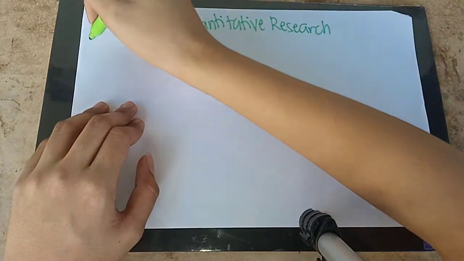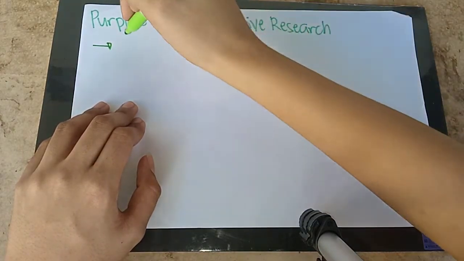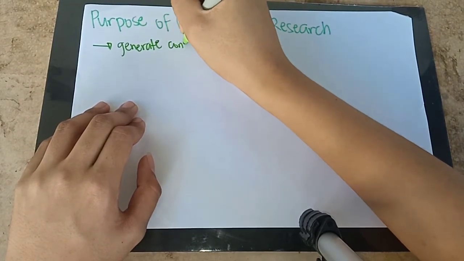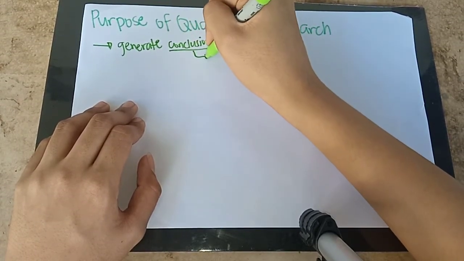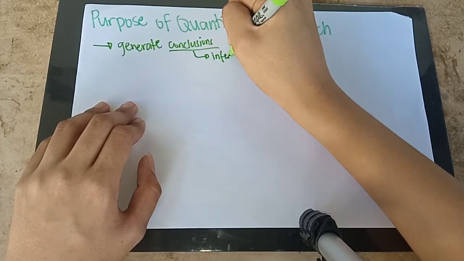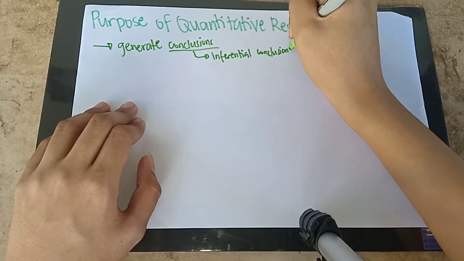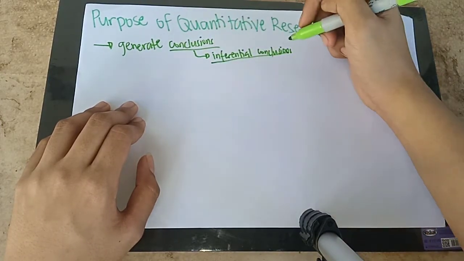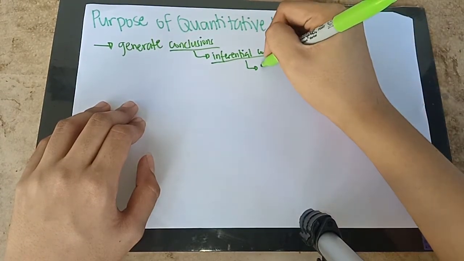So one purpose of conducting quantitative researches is first to generate conclusions. This conclusion is actually inferential in nature. So, generate inferential conclusions. How do we generate inferential conclusions? Inferential conclusions are generated through quantification of problems.